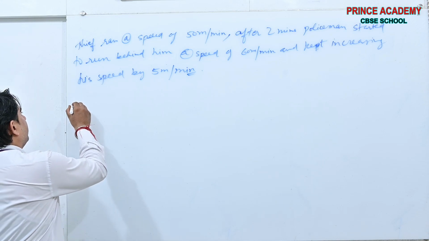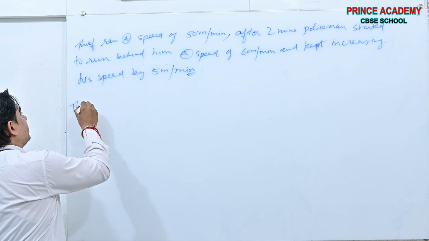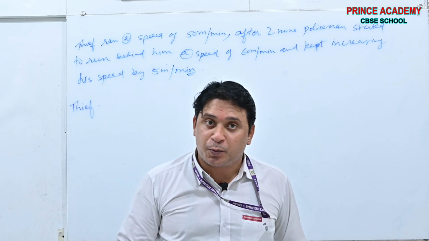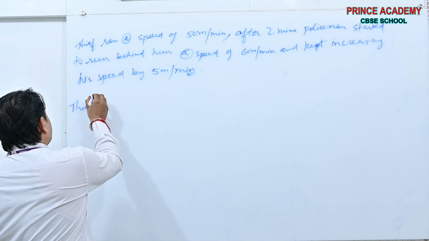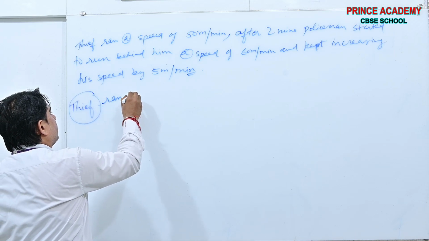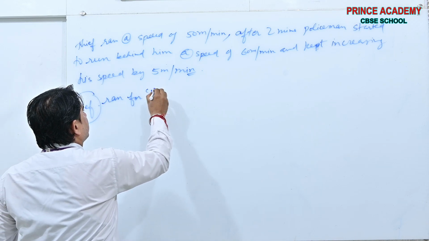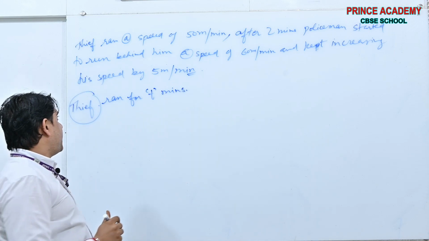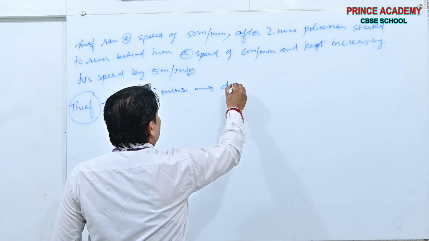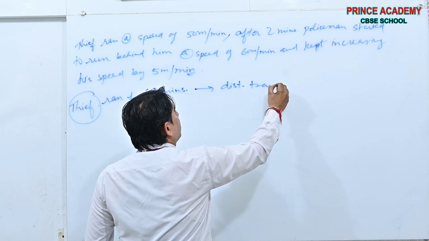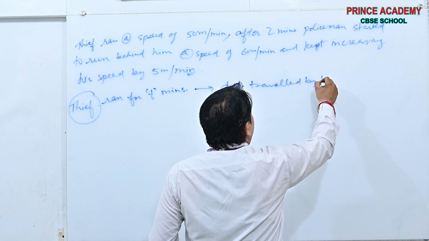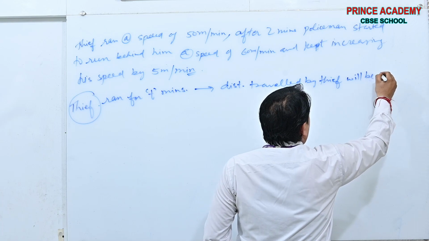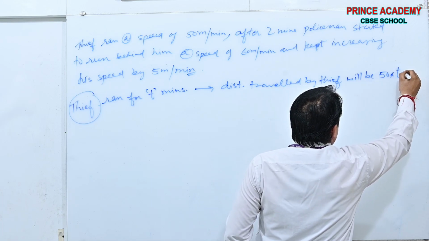Now see beta, case of the thief. Total distance traveled by the thief we will discuss first. Suppose the thief ran for T minutes, then the distance traveled by the thief will be 50 into T meters.